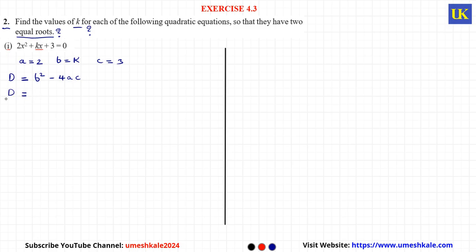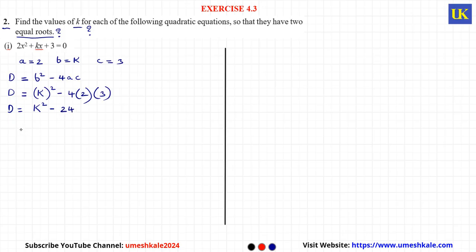So D is equal to, b value is k, so it will become k square minus 4, a is 2, and c is 3. So D is equal to k square minus 4 into 2 into 3, which is 24.